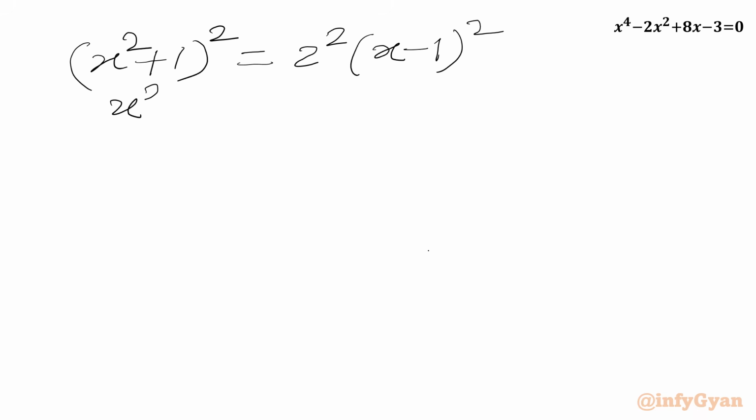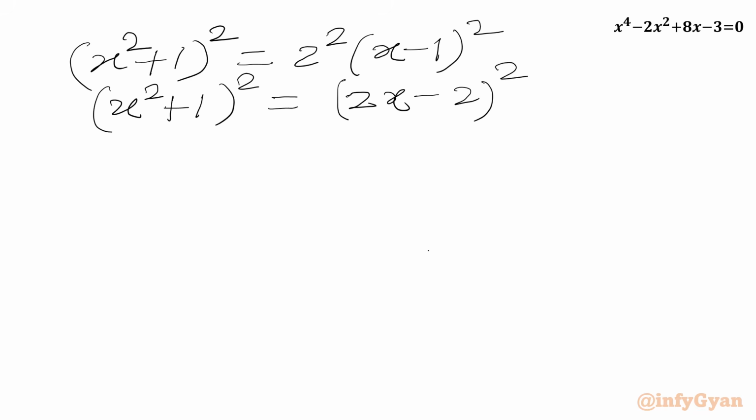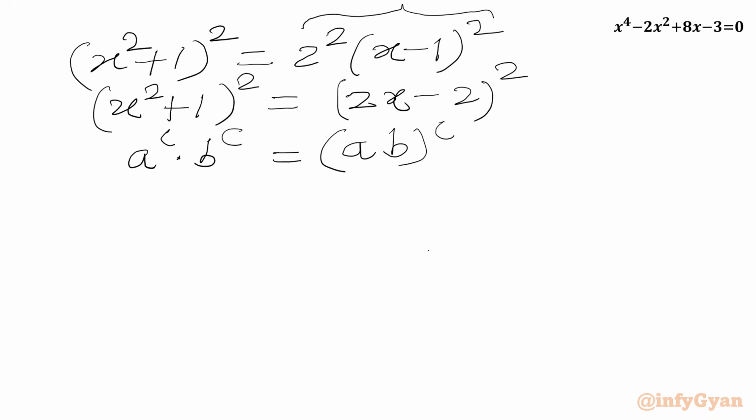Let me write here x square plus 1 whole square equal to 2x minus 2 whole square, because we know that a power c times b power c can be written as a times b whole power c, which we have applied over here.